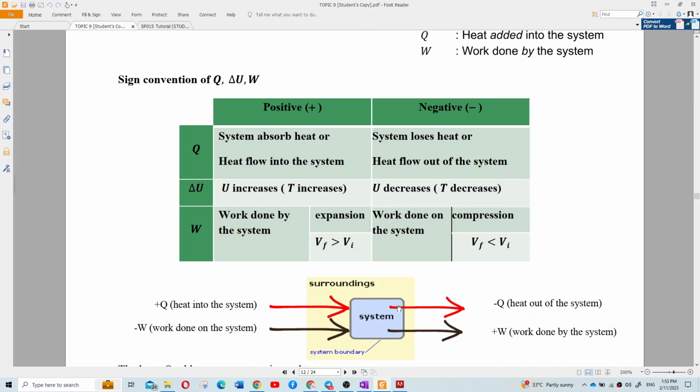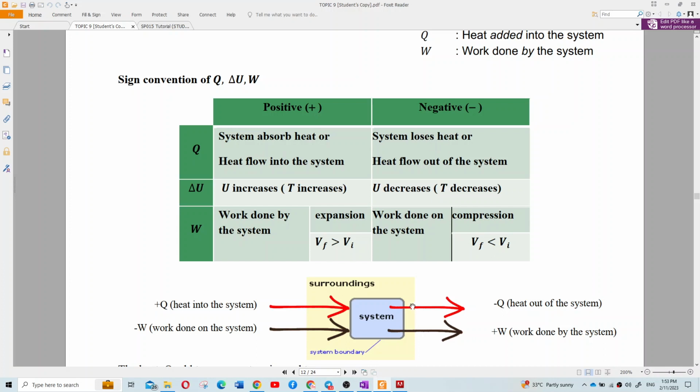Okay, this is your room. If heat goes into the room, you feel hot, right? So if heat is absorbed into the system, into your room, you put positive Q. The system or the room absorbs heat. Heat flows into the room, so it's positive Q.